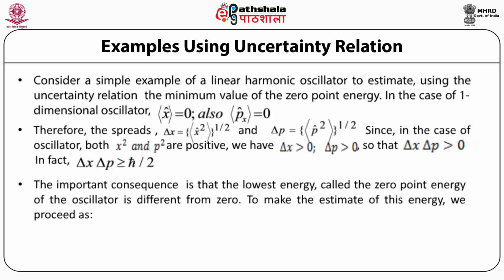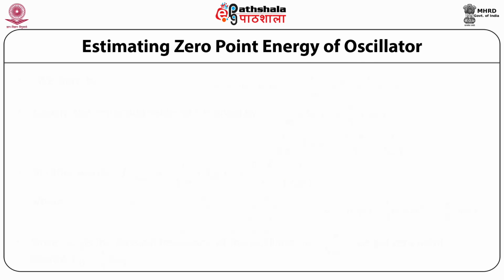And the reason for that is what we had discussed earlier in the case of root mean square deviations: for quantities like harmonic oscillators where the mean of a quantity like the displacement comes out to be 0, the mean of the square of the displacement is not 0, and therefore the root mean square value of the displacement will not be 0, and thus we can actually find out the spread in both the position as well as the momentum. And an important consequence is that the lowest energy, called the 0-point energy of the oscillator, is different from 0.